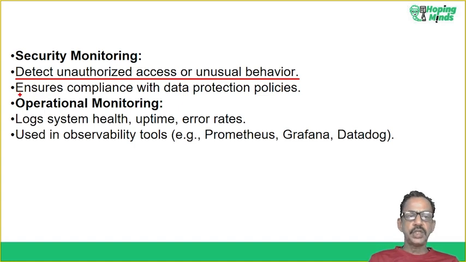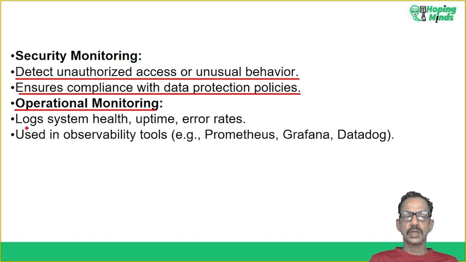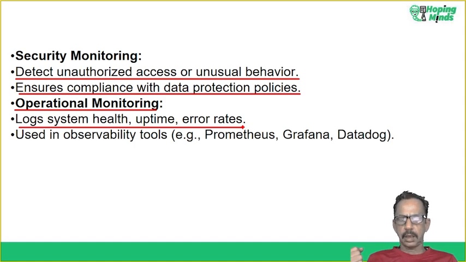Next, ensure compliance with data protection policies. Next is operational monitoring. Log system health, uptime, error rate. If again and again we are getting errors in EC2, sometimes not able to do the console login, not able to do the CLI login, system crashes again and again, overutilized, underutilized.